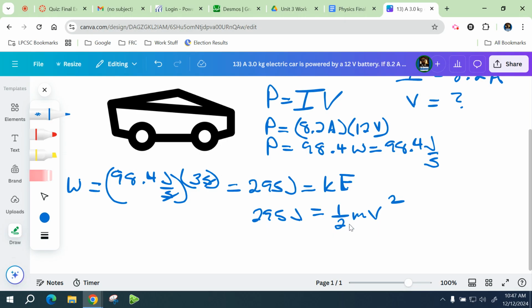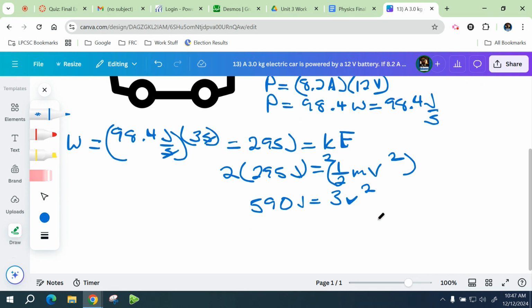So then what I need to do is plug in the mass, which is just 3. But first, before I do that, I'm going to multiply both sides by 2. And I should get 590 joules is equal to the mass, which is 3, times the velocity squared.